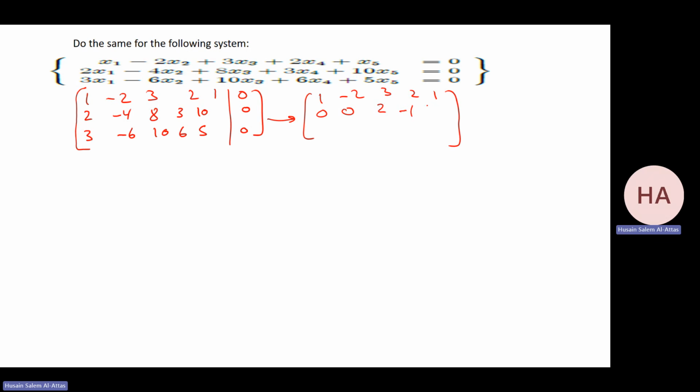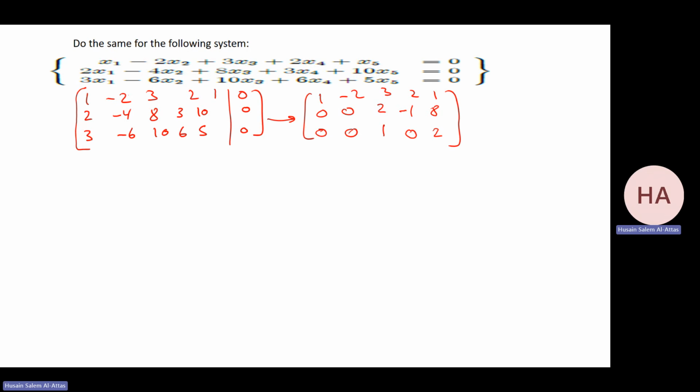By minus 2 and add, that will be 8. By minus 3 and add, that will be 0. By minus 3 and add, that will be 0. By minus 3 and add, that will be 1. Correct? Minus 3 and add, that will be 0. Minus 3 and add, that will be 2.